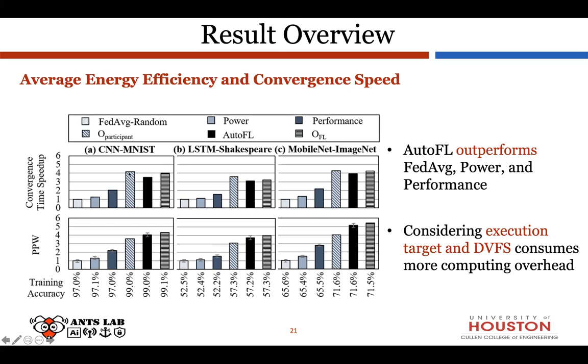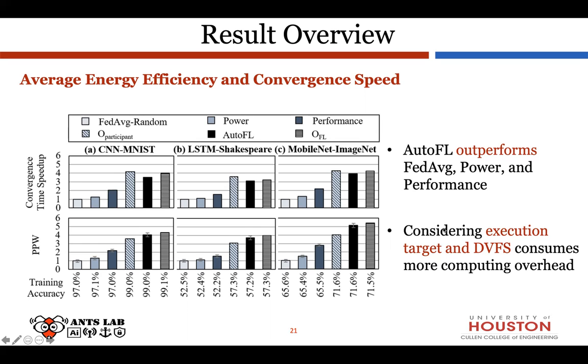When we compare the all participant method and the proposed AutoFL method, from the energy efficiency perspective, the proposed method outperforms the all participant method. But if we look at the convergence speed, the all participant one outperforms the AutoFL one and the optimal one.